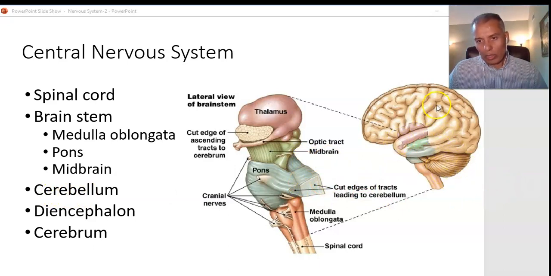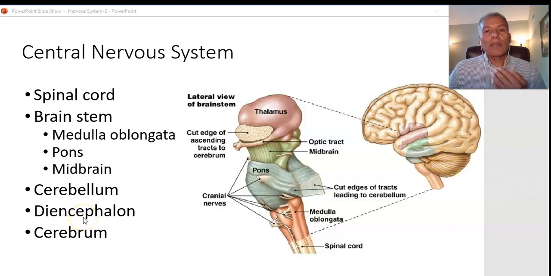So here is the main part of the brain, the cerebrum, and the brain stem is beneath it. And there is that pink structure. This one is called the diencephalon. And then you have the cerebellum that lies behind the brainstem and underneath the cerebrum.